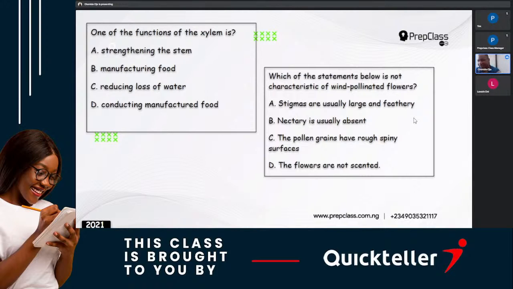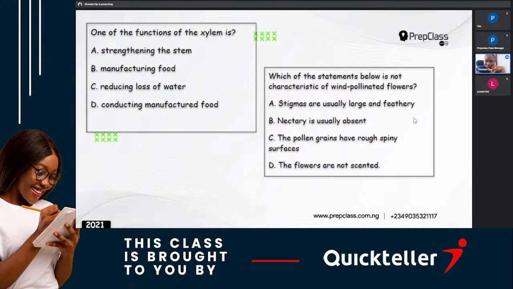Why D is not correct is because the xylem and the phloem conduct the manufactured food: the xylem conducts the one from the root, while the phloem conducts the one from the leaves. Since the option doesn't say either from the leaves or from the root, D is not correct. Reducing loss of water, no, that's not its function. Manufacturing food, that's not its function. So the function of the xylem is A, strengthen the stem.